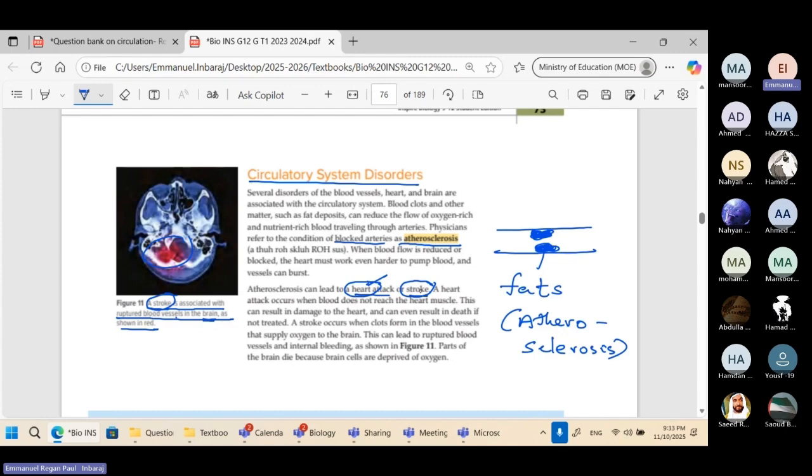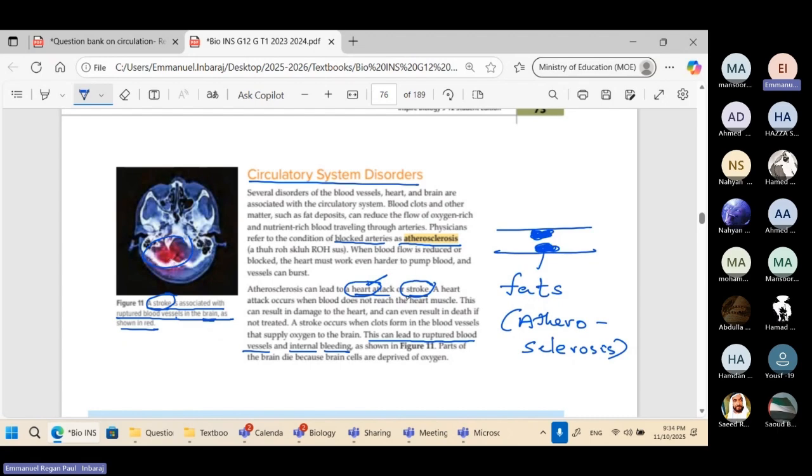In stroke, it can lead to ruptured blood vessel and internal bleeding. So you can find blood leaking inside your brain, in the skull area. That is what you can see in this picture. They have taken a scan, and in the scan, it is found that there is blood leaking from the brain.